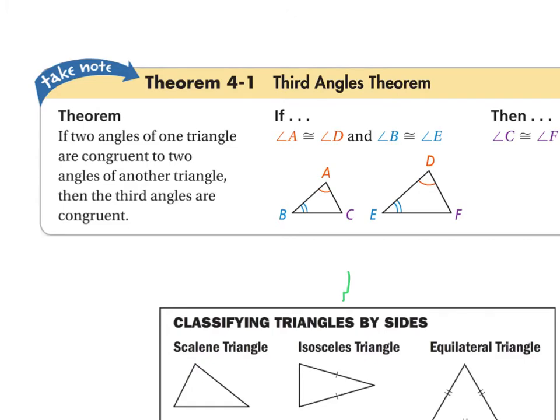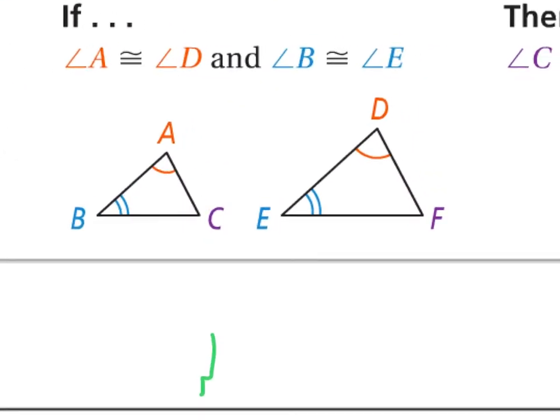So if B is congruent to E and A is congruent to D, then this angle must be congruent to this angle. Why is that? Well, because all the angles add up to be 180, and if the blue and the red angles are the same, then they're going to add to be 180 and be missing this third angle, and those third angles are going to be the same.